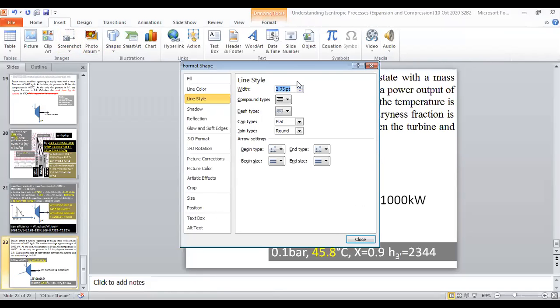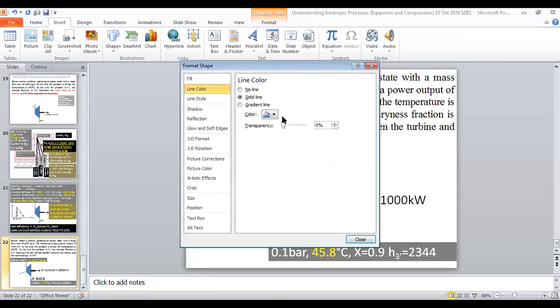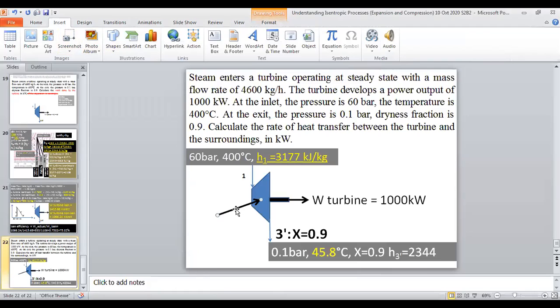Okay. This is the actual case because you know that the turbine's exterior is very hot. So it is really the other way, from turbine to surrounding, not from surrounding to turbine, because the turbine is very hot.